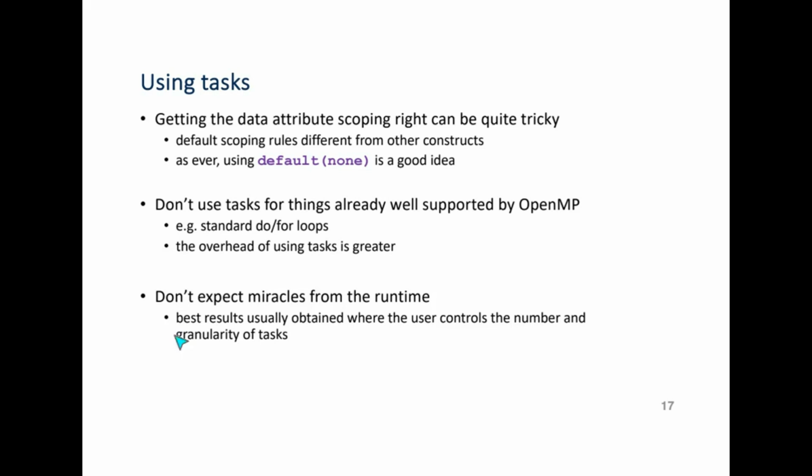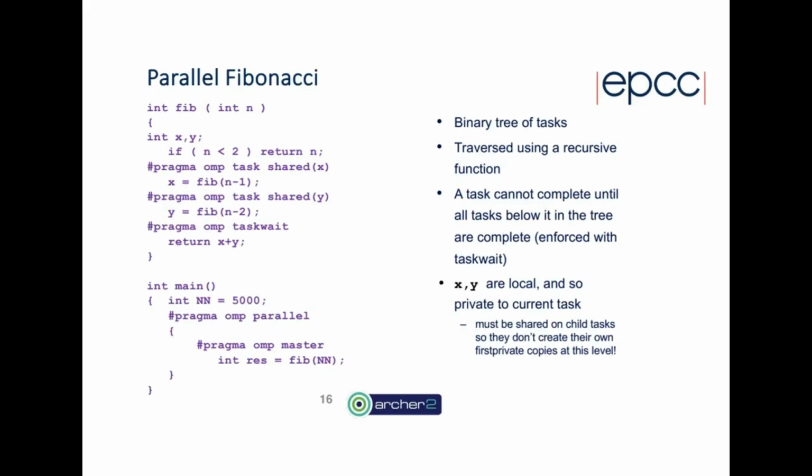For example, in this Fibonacci example, the lowest level of task does practically nothing. It does an if test. So at the very bottom of the recursion, we're generating tasks which have practically zero computation in them, which might not work out very well.